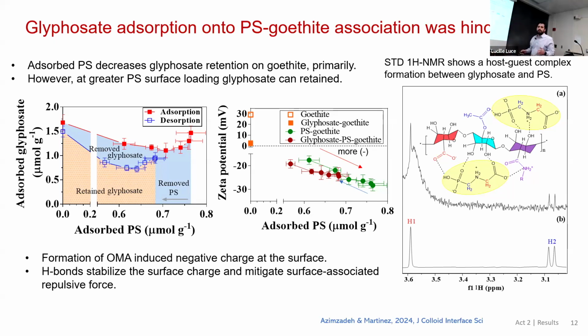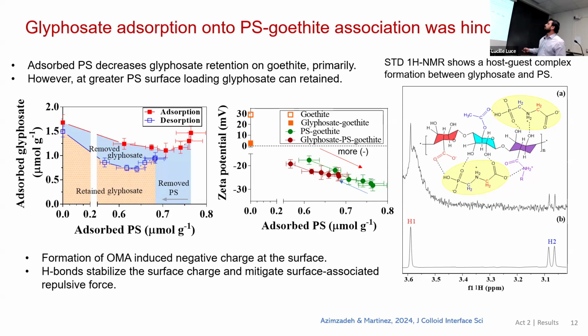What I did, I said maybe it's about charge. We can look at the charge of the surface because electrostatically we are interacting with each other. I measured the zeta potential of those samples. I found with increasing loading, this green line here, we are generating more negative charge. Glyphosate itself is a zwitterion, but in total it is a -1. So that means we should have less absorption, which is about this part.